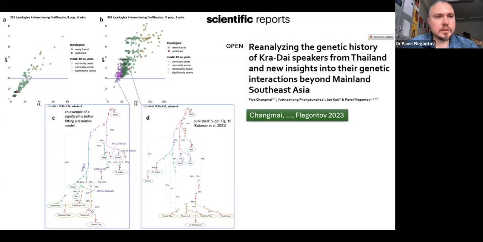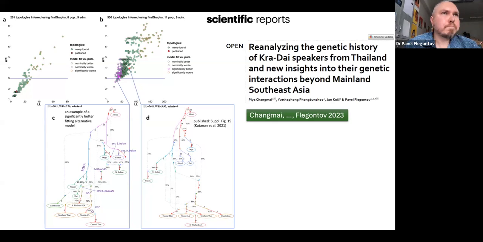If the assumption that admixture graphs are informative and not misleading, or more informative than misleading, is correct. And all my work shows that this is actually wrong. The graphs are more misleading than informative. And especially they are misleading even if the underlying history is graph-like, as I showed in this paper.